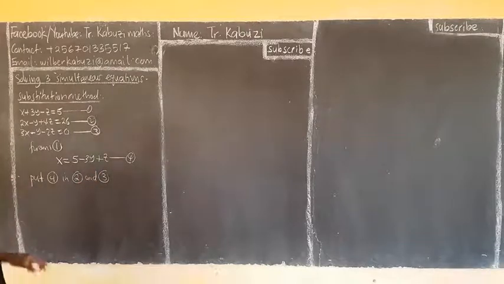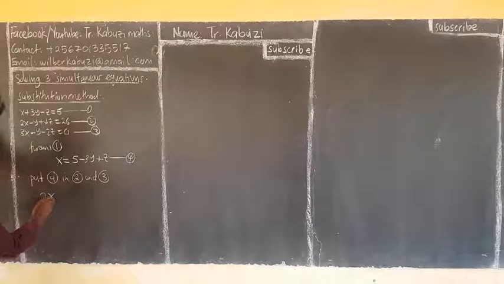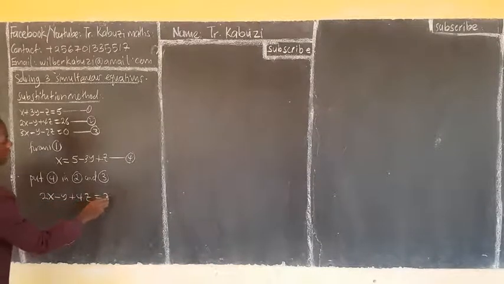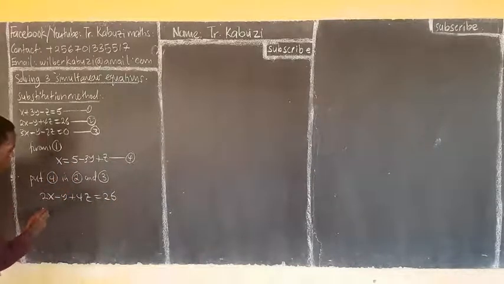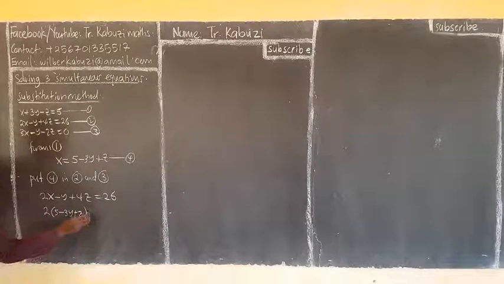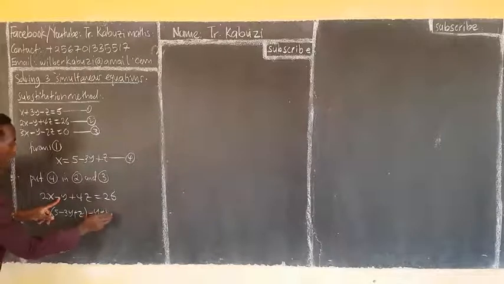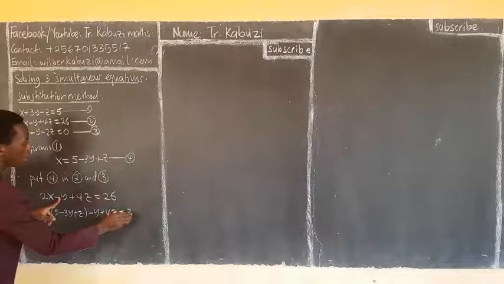So if I do that, from here I have 2x minus y plus 4z equaling 26. Now where there is x, I put this. I have now 2 then 26.